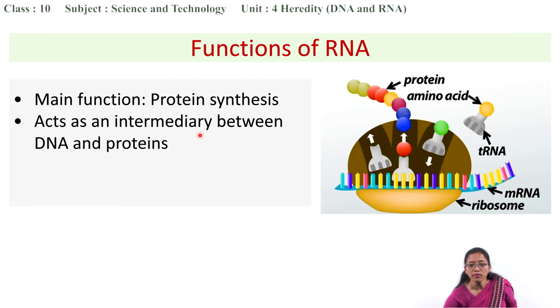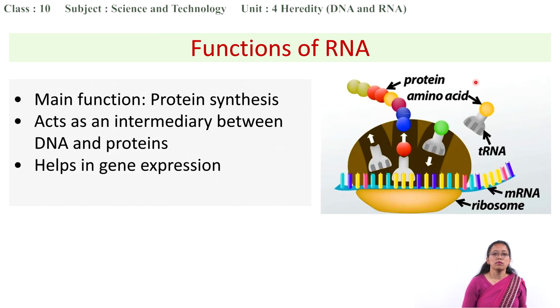You can see here, tRNA is bringing these amino acids, mRNA brings the message from the nucleus, and here rRNA, the ribosomal RNA, is combining these amino acid molecules in a chain that is called protein. In this way protein synthesis takes place.